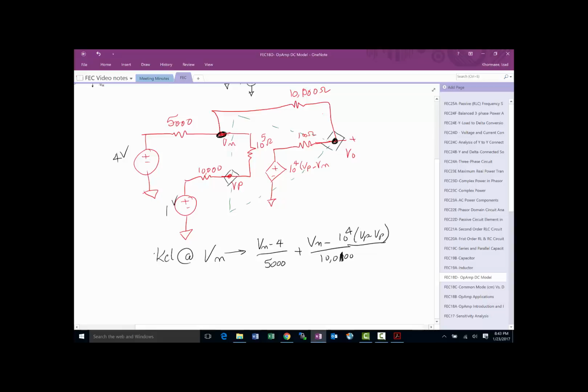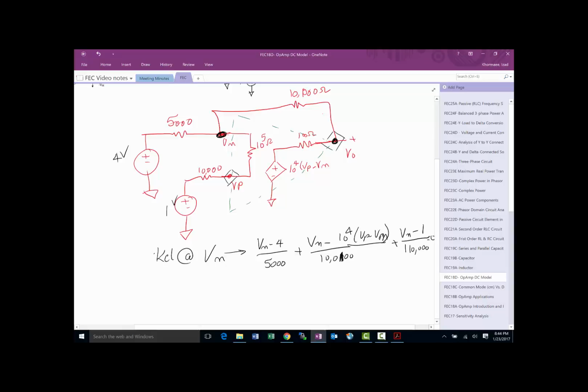So it will be 10,100. Okay, and then we have to do one more. So we did this current, and we have to do one more current, which is the current going all the way down here, and that will be Vn minus 1 divided by the sum of these, which is 110, equal to 0. And this was Vp minus Vn.